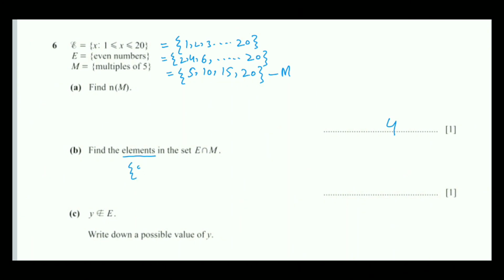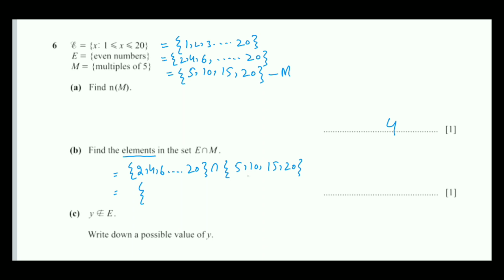So find the elements in the set E intersection M. E is 2, 4, 6 till 20. M is 5, 10, 15 and 20. As you know, in intersection we have to write the common numbers.